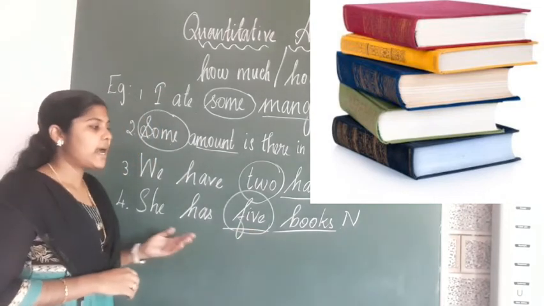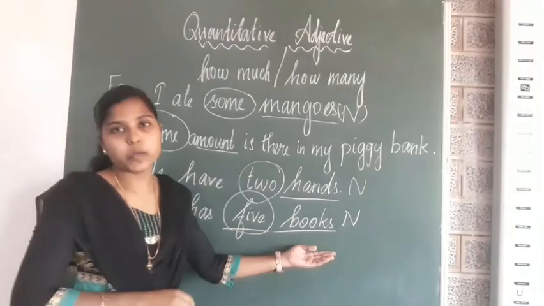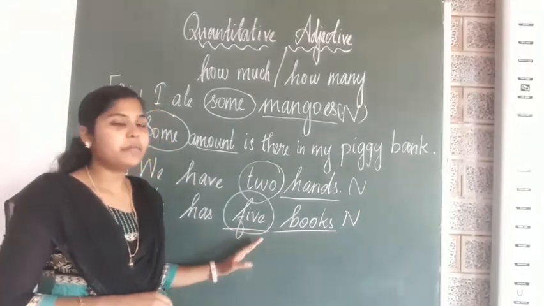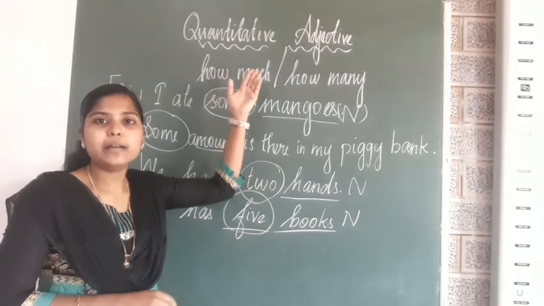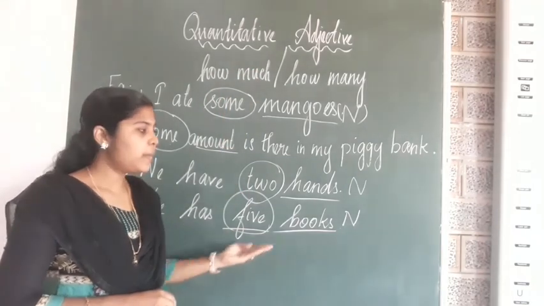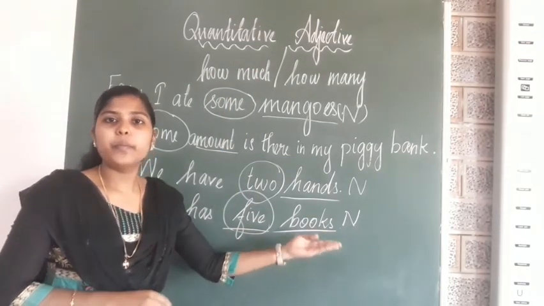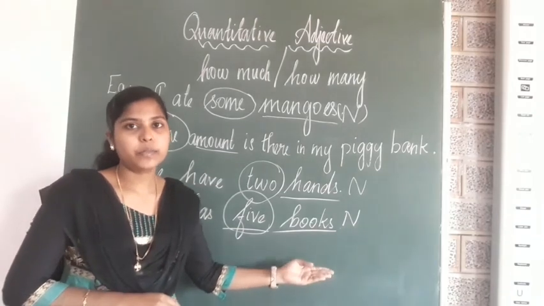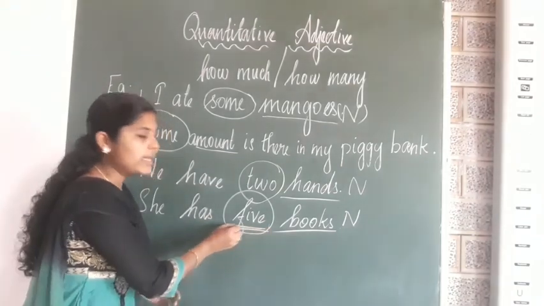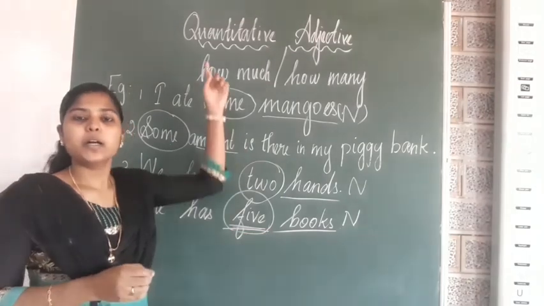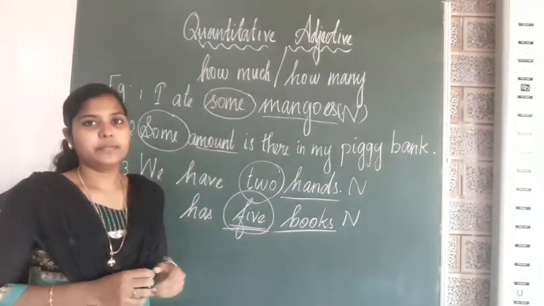So she has 5 books. The word 5 is saying how many the noun is. How many books are there? Books is a noun. So this word is also denoting quantitative adjective.